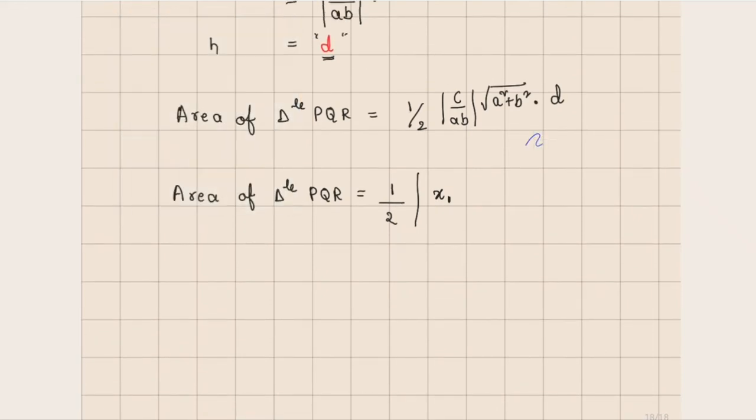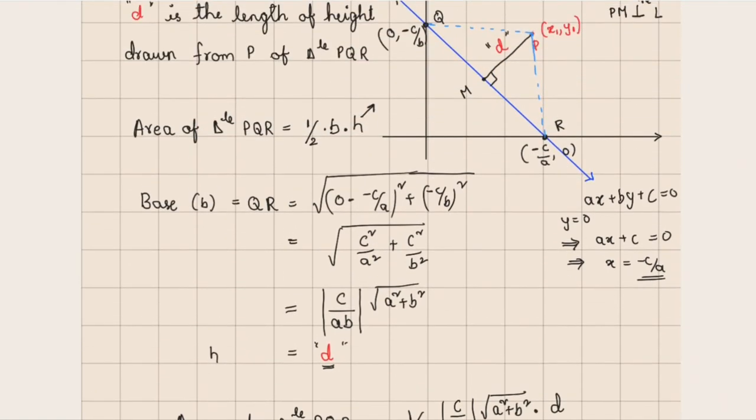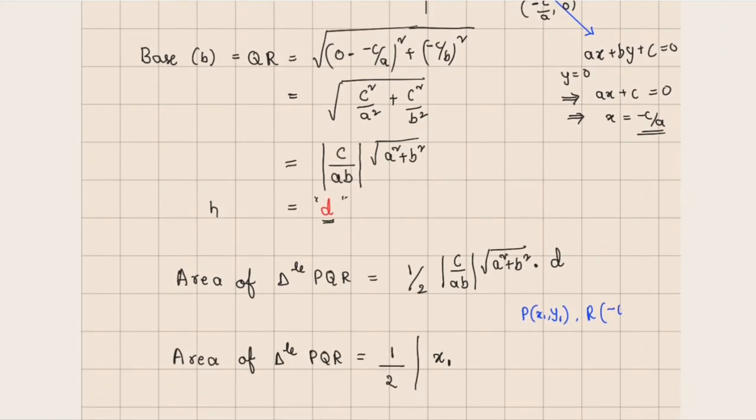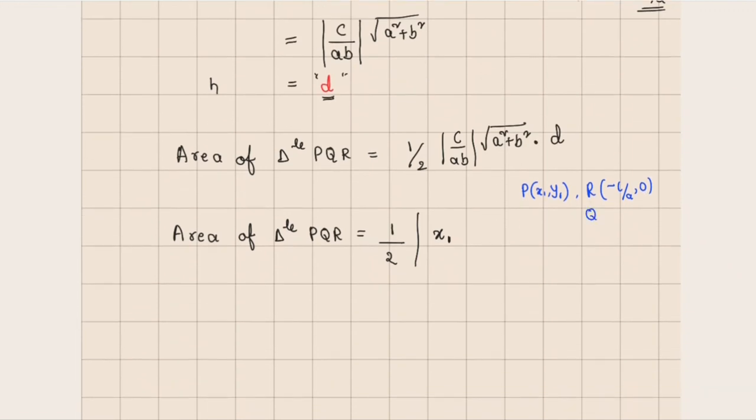If you are confused, I will write here P is x1 comma y1. What is Q here? Q is 0 comma minus c by b. And R is minus c by a comma 0.